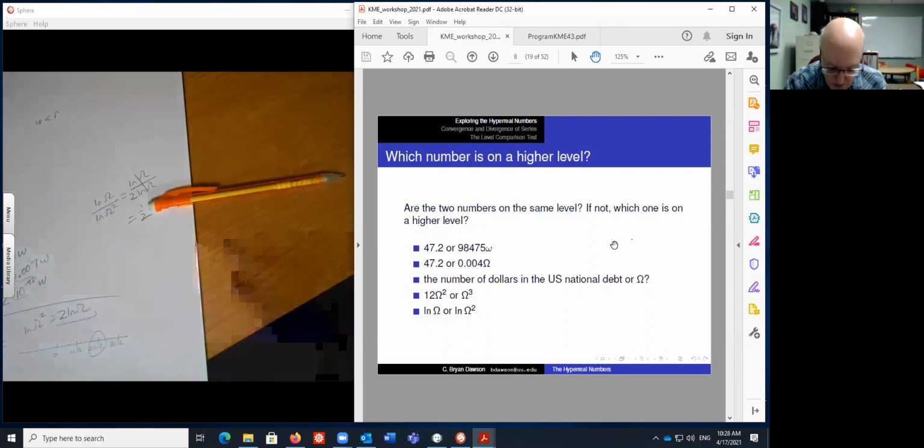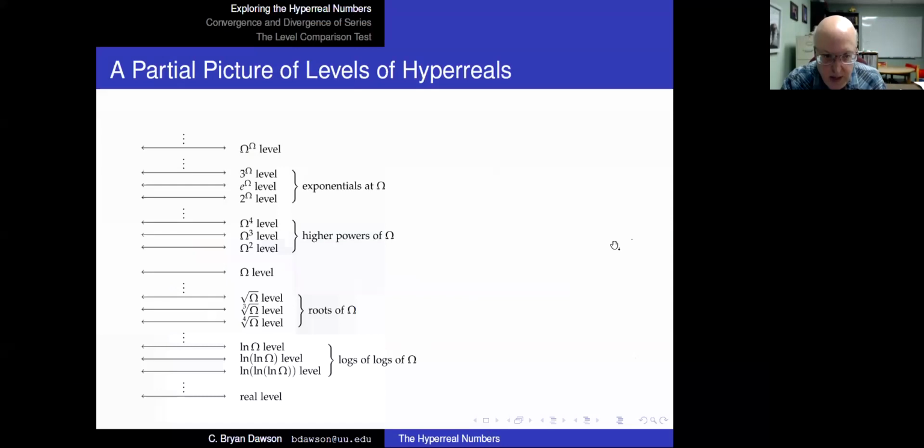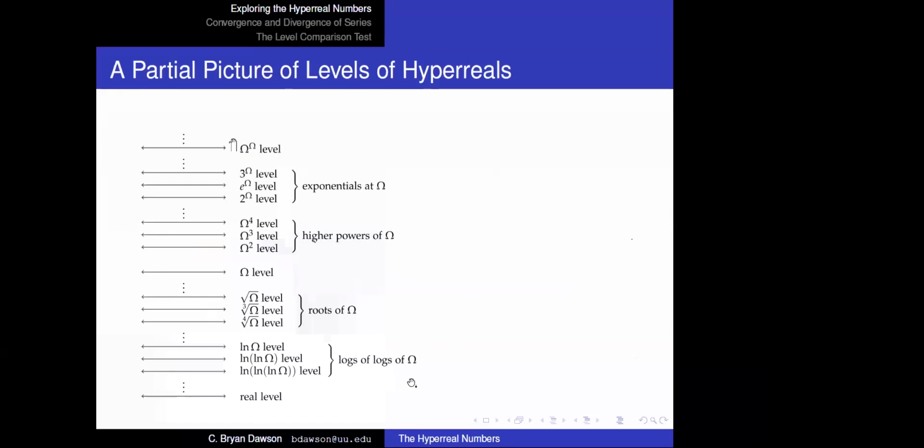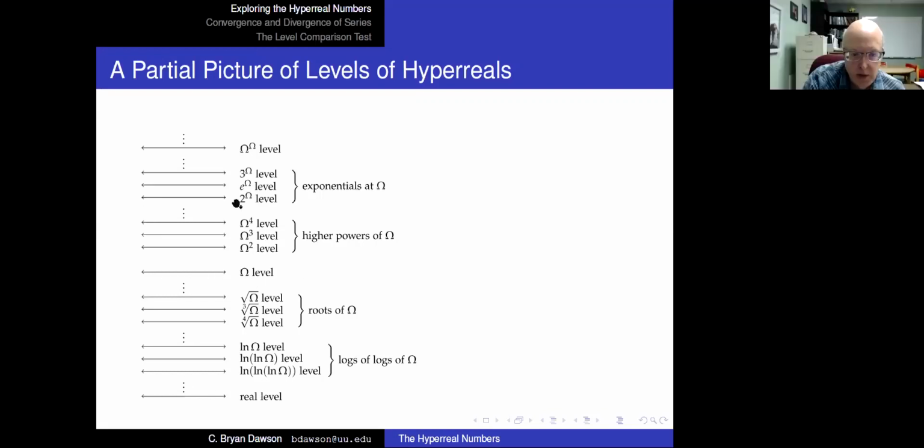All right, so next we have a partial picture of levels of hyperreal numbers. So I showed you, by the way, the infinite levels of hyperreal numbers. So you've got your real number level, you have your omega and then the powers of omega that are larger than 1 or smaller than 1, right?